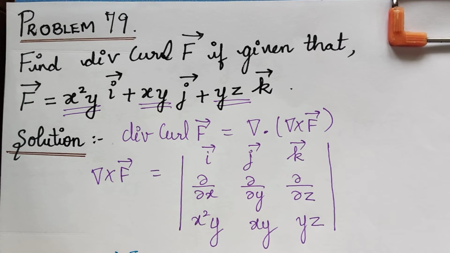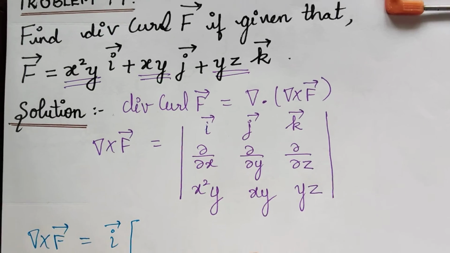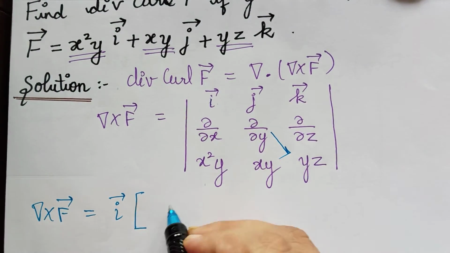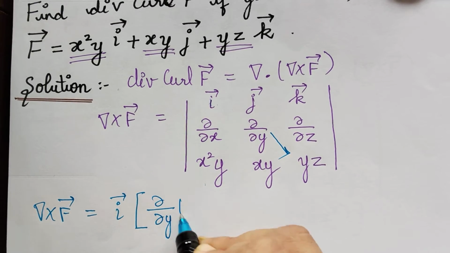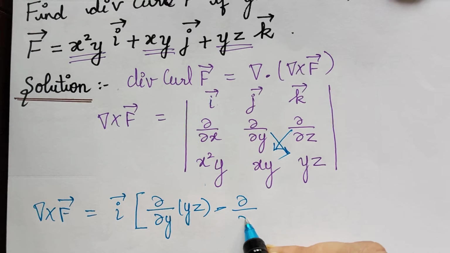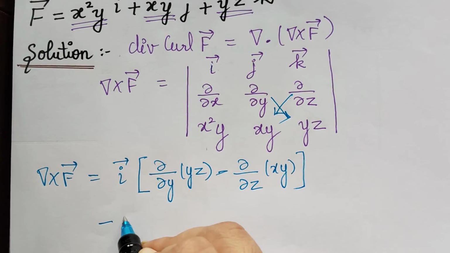So that will be nabla cross f vector equal to, first we have to take i vector. So i vector multiplied with, so block this column, block this row. So this into this, so dou by dou y of yz minus this into this, so dou by dou z of xy, minus, next will be j vector.